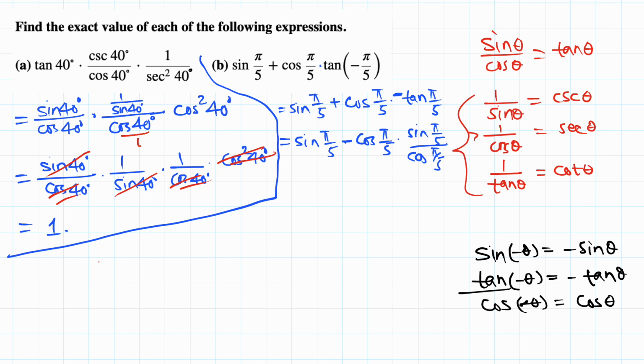Cosine on the top and cosine on the bottom cancel. That leaves sine pi over 5 minus sine pi over 5. Same thing, so when we subtract, it's 0. Final answer.